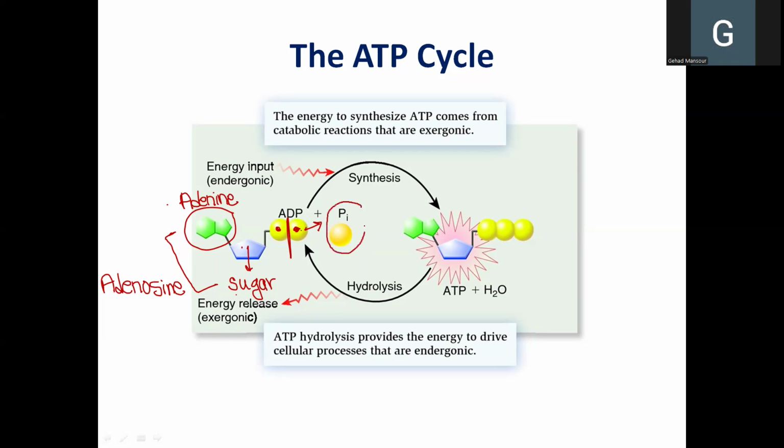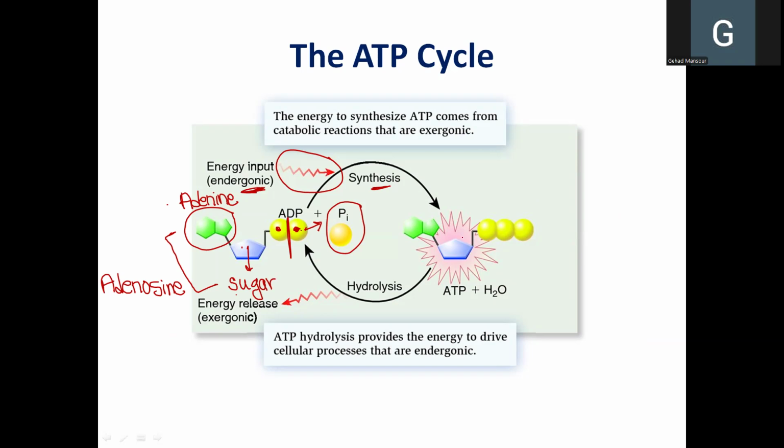And then if you add a 3rd phosphate group, then you are synthesizing adenosine triphosphate. In order to do this, you need an input of energy. So the process of synthesis of ATP is an endergonic process because energy is being taken up and stored in the molecule. So we obtain ATP and water.